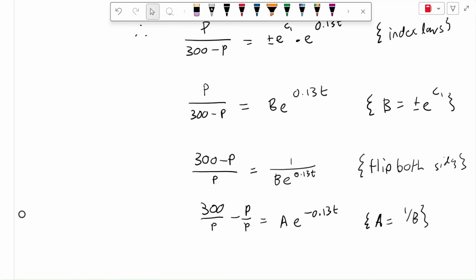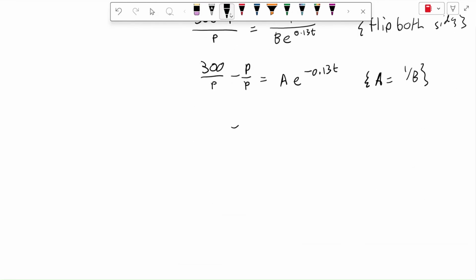Okay. Next, p over p is just 1. And 300 over p doesn't change. Okay, so a e to the minus 0.13t. So 300 over p is 1 plus a e to the minus 0.13t.